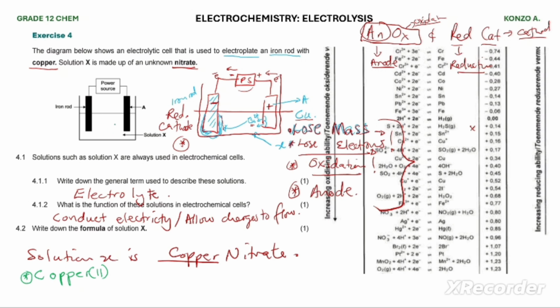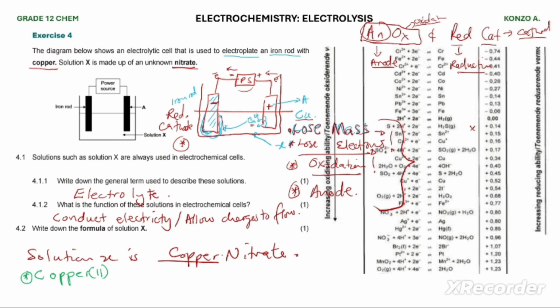It's a more stable form of copper in a solution, or when it's dissolved in water. I'm not sure dissolved is the right word to use there. All right, fine. Anyways, let's move on to the next bit.